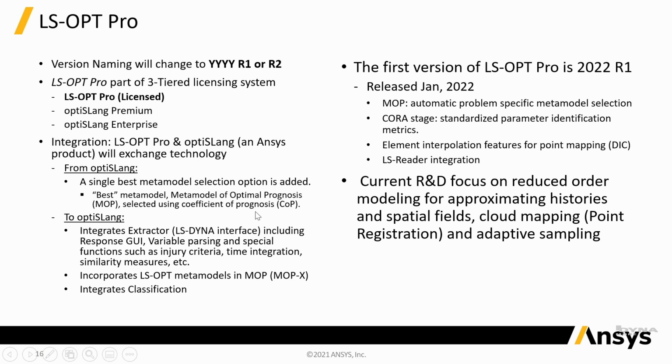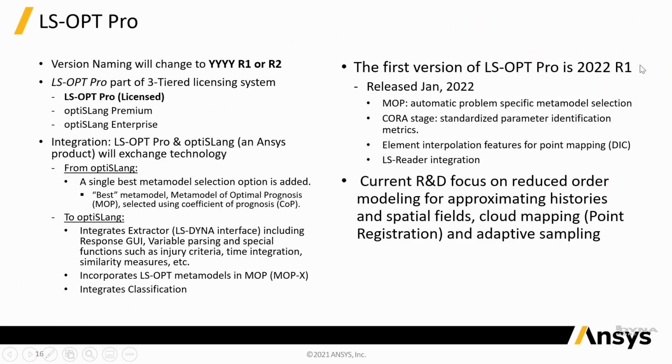And to optiSLang, we provide the DYNA interface and also some of the LS-OPT metamodels, as well as classification, which Anirban just spoke about earlier, which is now also transferred through the extractor. But I'll say a little bit more about that in a future slide.